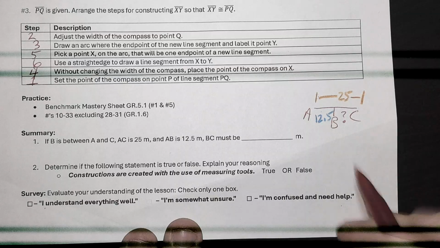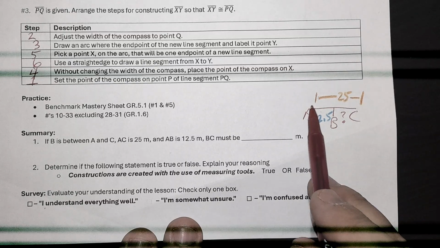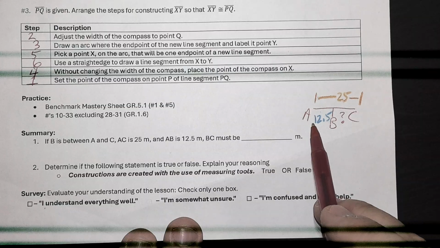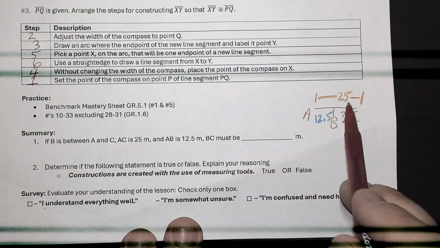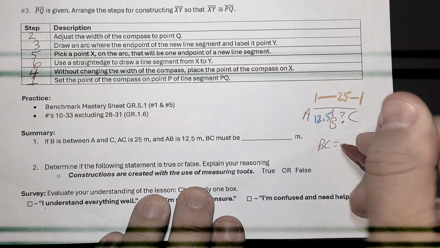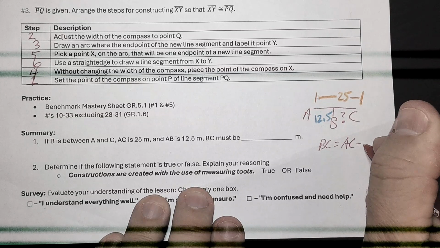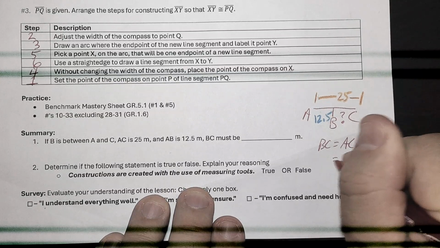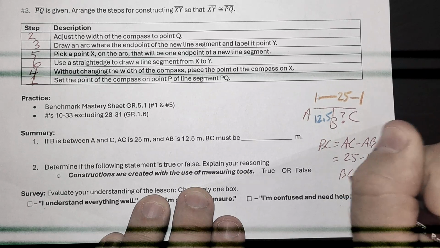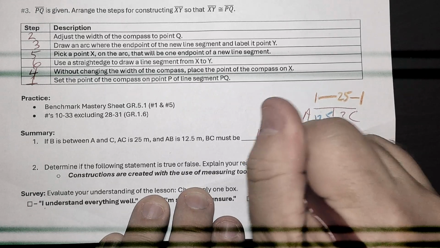Now we've been doing addition. In this case, we have the total and one side, so we would subtract our one side from our total. So BC equals AC minus AB, which is 25 minus 12.5. So BC equals 12.5.